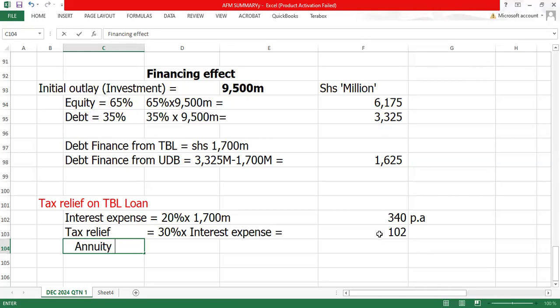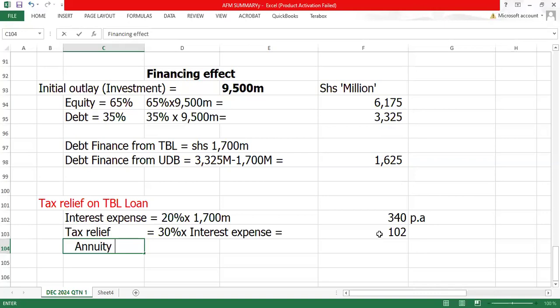We don't use the interest rate. Use the interest rate only if you're not given the risk-free rate in the question. If you're given a risk-free rate, please use it as you discount.